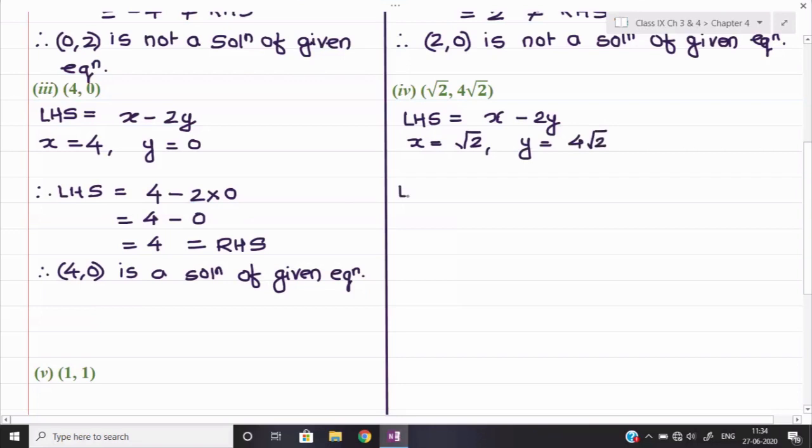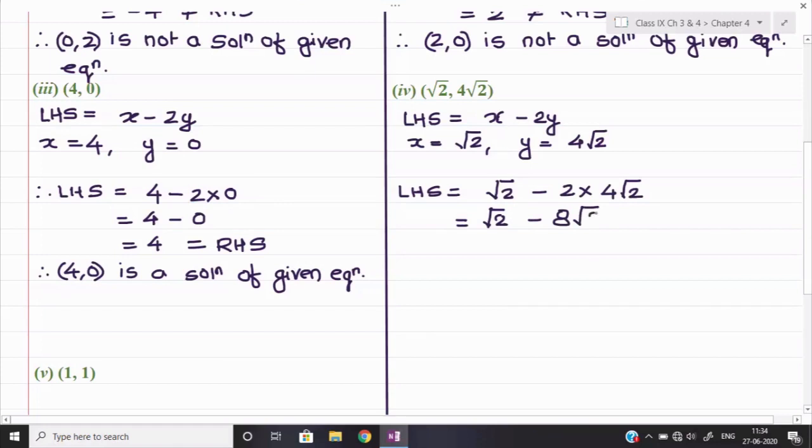So LHS will be equal to, in place of x, root 2 minus 2 into 4 root 2, that is the value of y. Now if I simplify further, root 2 will be as it is, and 4 and 2 will multiply, it will become 8 root 2.